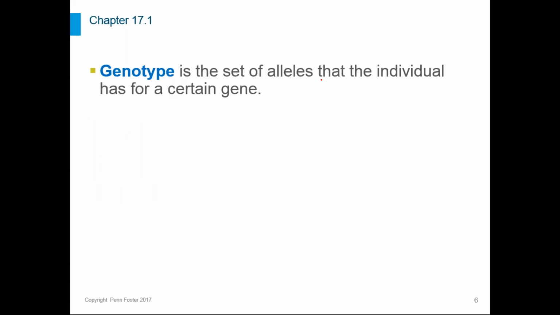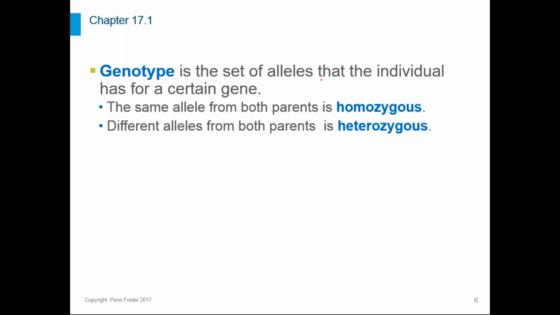Each individual has a genotype and a phenotype. The genotype is the set of alleles that the individual has for certain genes. If it inherited the same allele from both parents, it is homozygous for that gene. If it inherited different alleles from its parents, it is heterozygous.